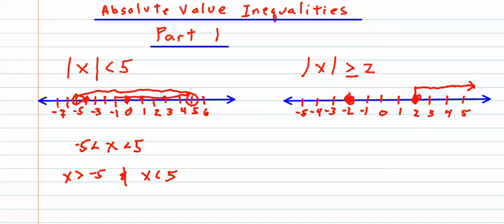That's bigger. Everything to the left of negative 2. Now, if you remember, when our graph looks like this, it's an OR situation. So x is larger than or equal to 2, or x is less than or equal to negative 2.